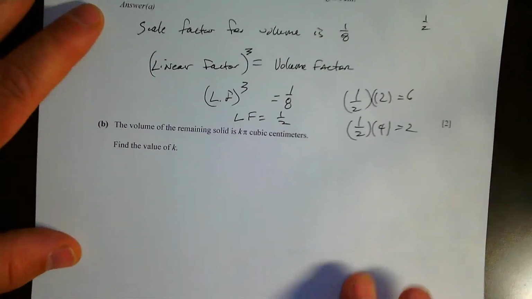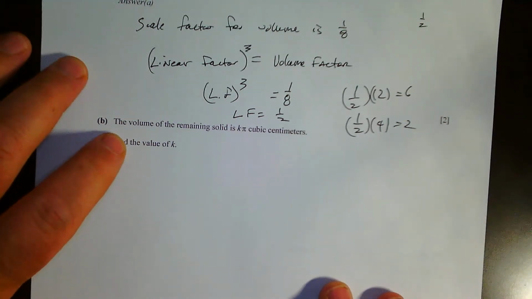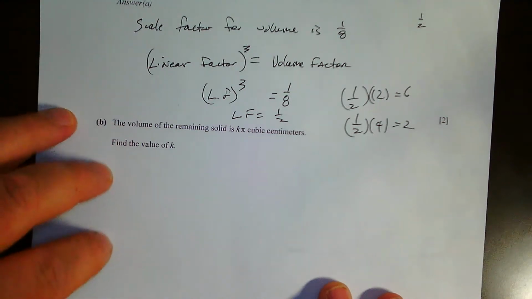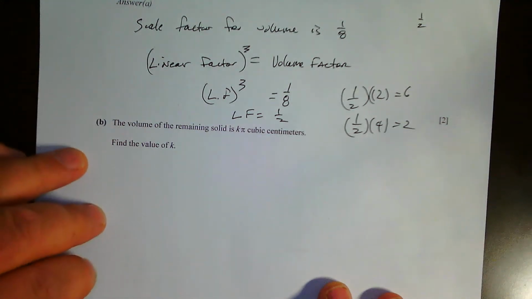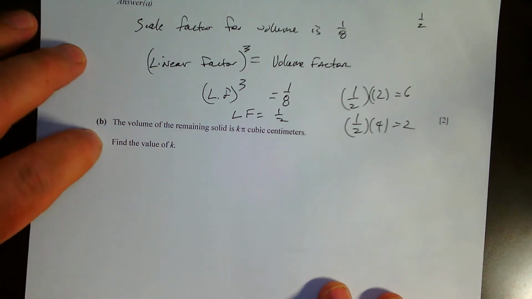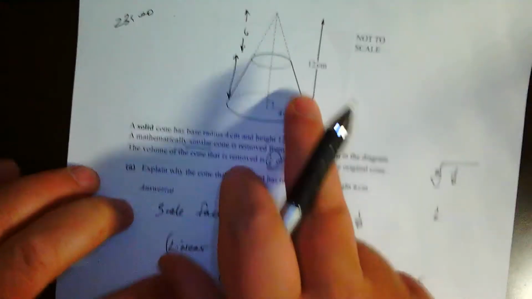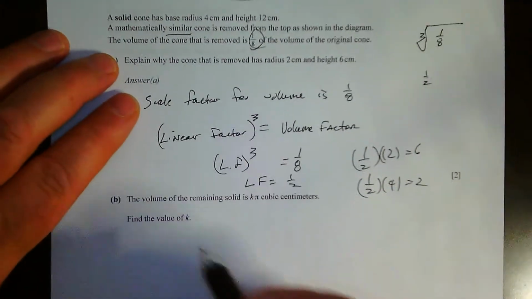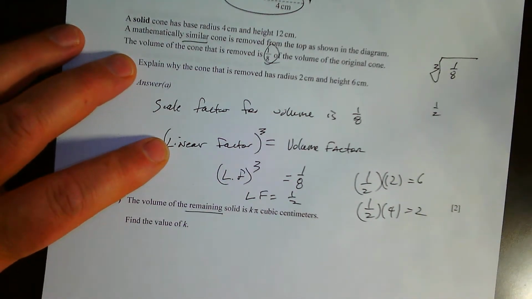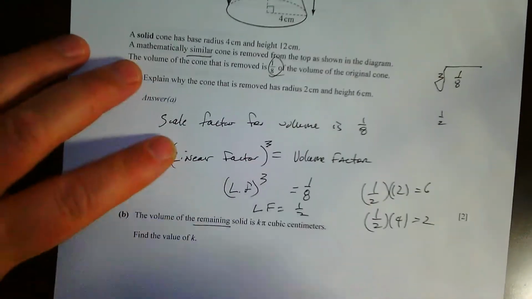Okay. Ooh, interesting. The volume of the remaining solid is K pi cubic centimeters. Find the value of K. Remaining. So I think that means this bottom part. Let's see, because this is the part that's confusing me. The volume of the remaining solid. Okay, so it says that the top is removed, right?